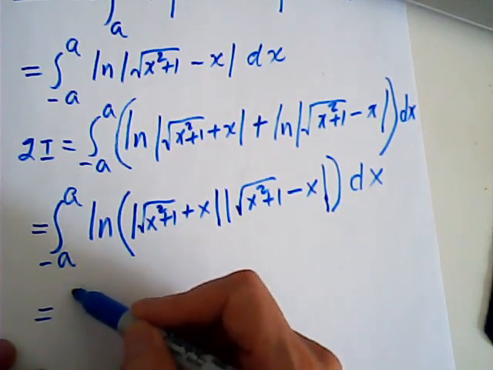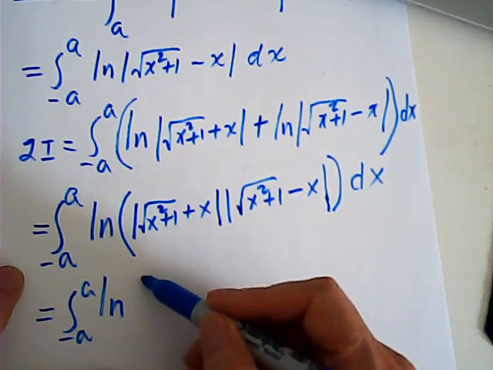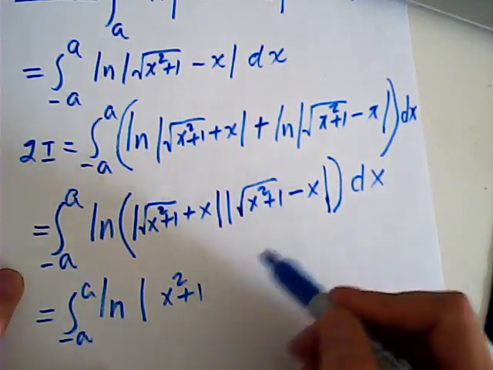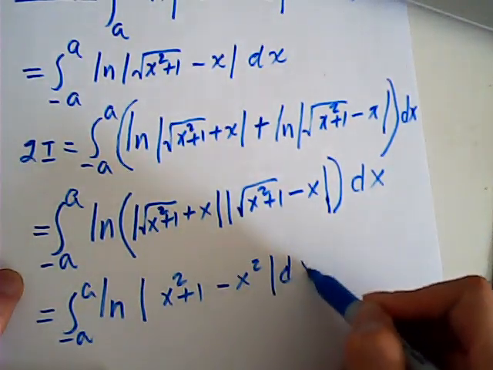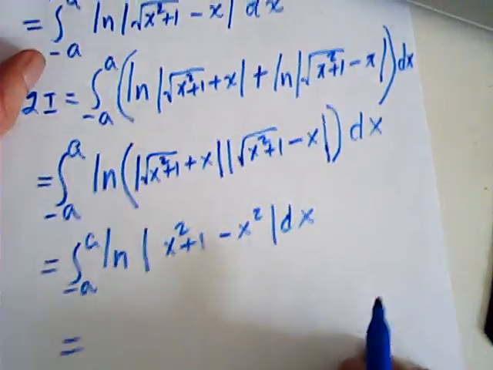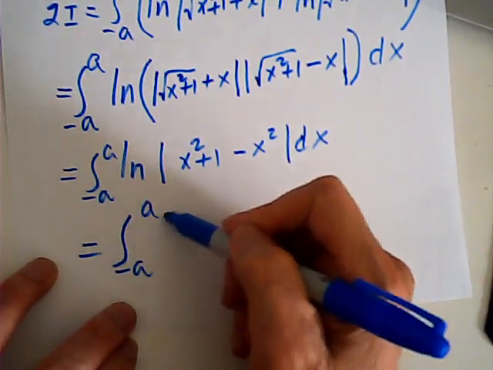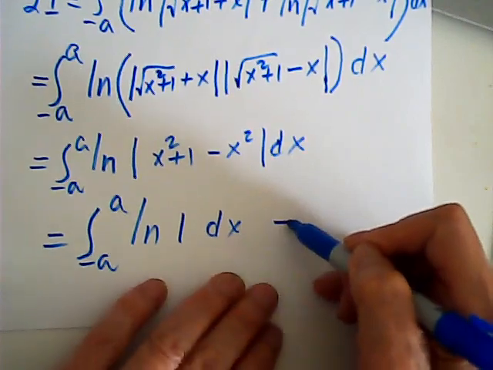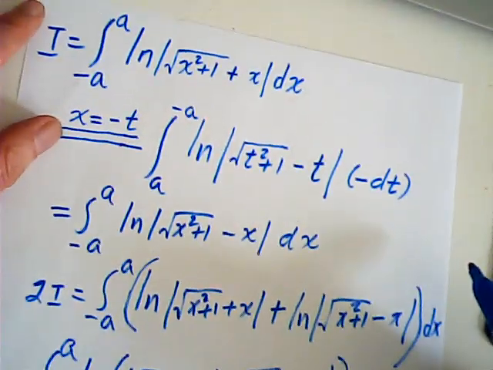So this is from negative a to a, log of x squared plus 1 minus x squared, dx. So this one is equal to from negative a to a log 1 dx. Log 1 is 0, so that's 0. So my integral I is equal to 0.